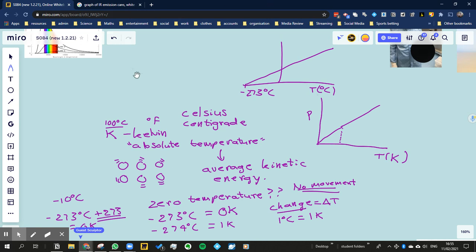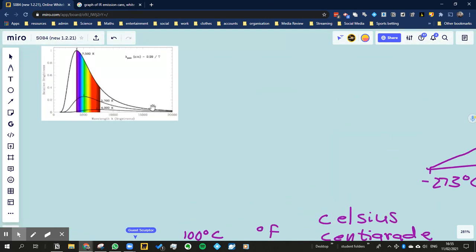So that's what this means up here when they're measuring. When they say capital K, they're referring to temperature. And if you wanted to turn that back into degrees C, what you would do is just subtract 273 from the value. Okay.